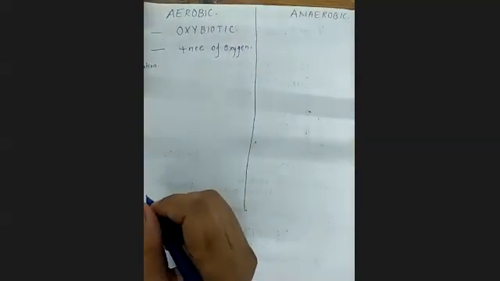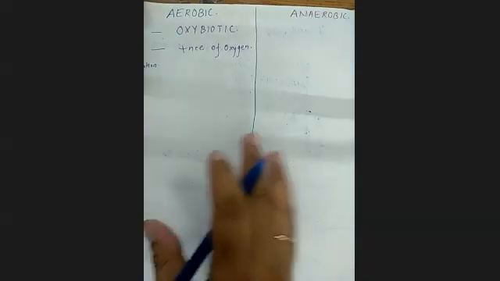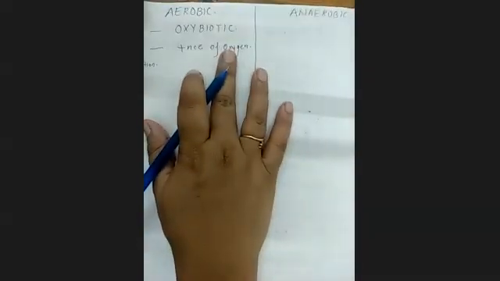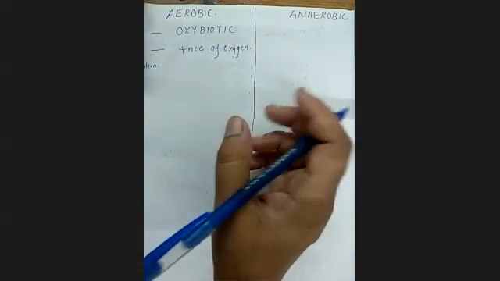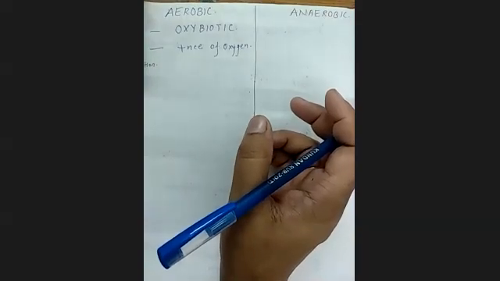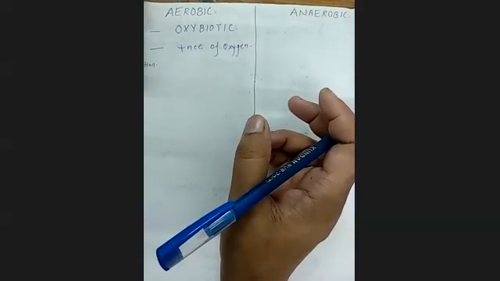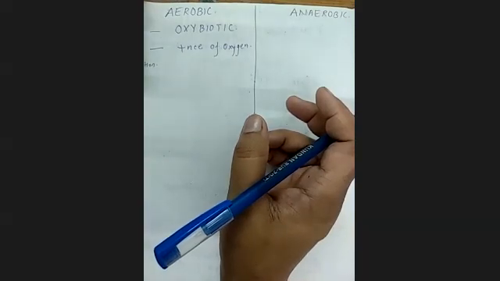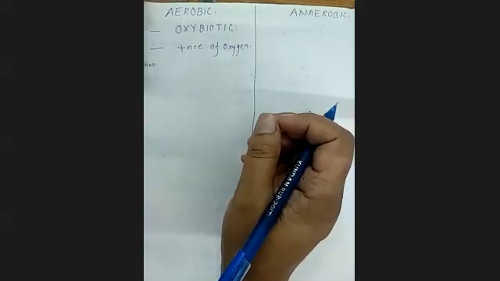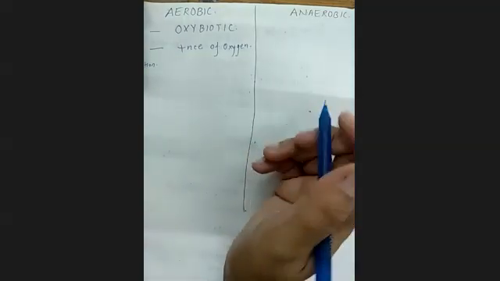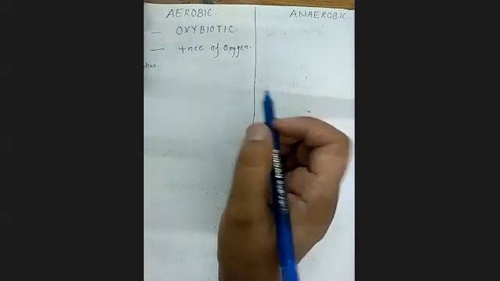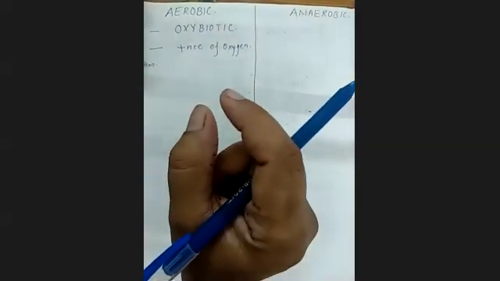Now see the location where it is happening. This complete process you are studying in a cell. You don't have organs in the plants. Am I right? Fine. So we are talking about an individual cell.